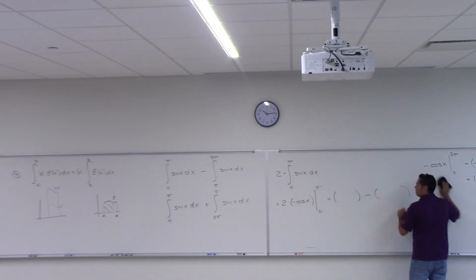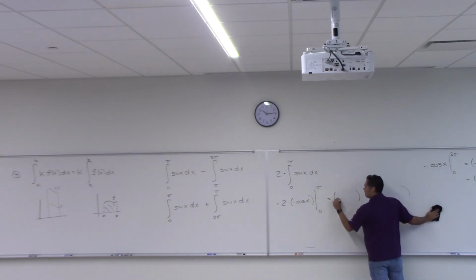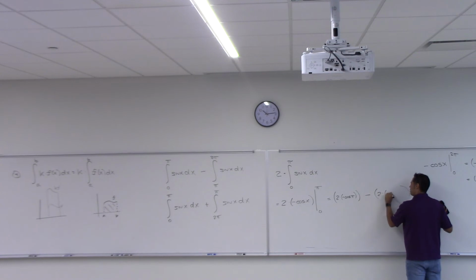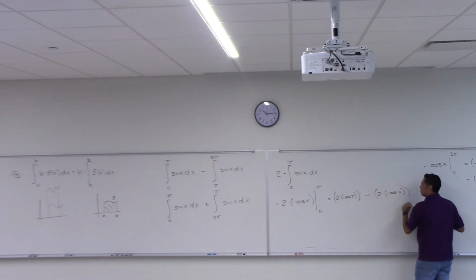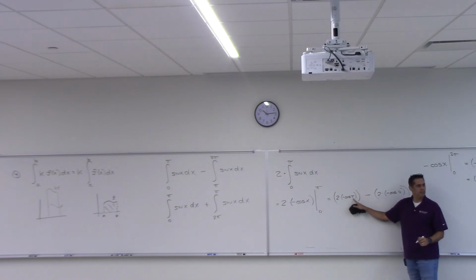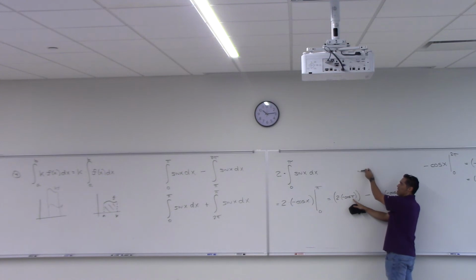So we plug in pi, we get 2 times negative cosine of pi, and then we get 2 times negative cosine of 0, right? What is cosine of pi? -1, but then negative, right?